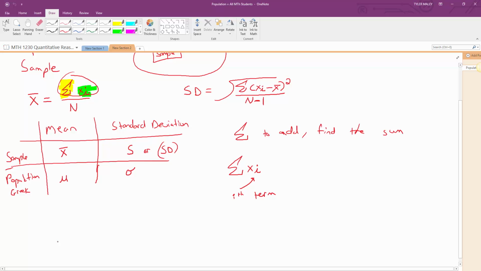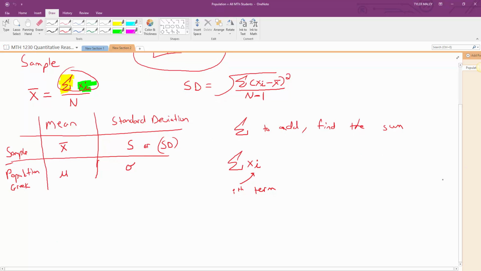So let me write some data on the board for us to use, and I want to calculate the mean and standard deviation with you using this data set, right?